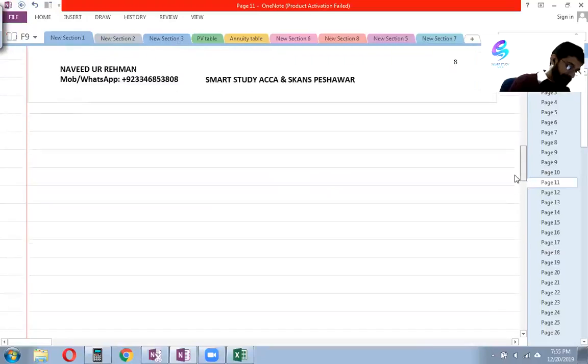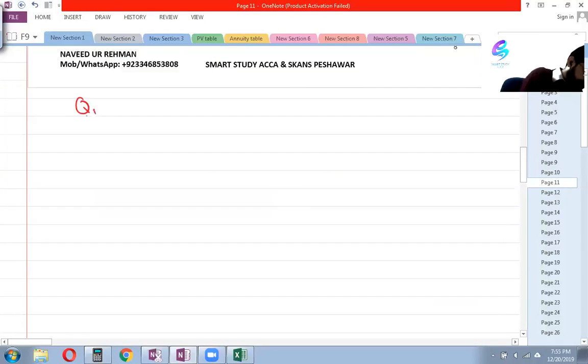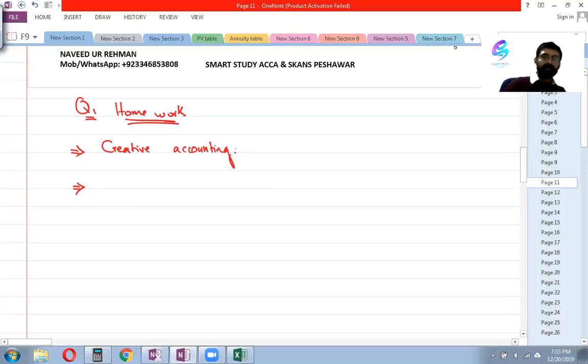For the homework question, I'll give you a couple of points and you have to make up your own answer. The first one is creative accounting, right? We can window dress our profit and loss statement because of the non-cash flow items, and the revenue recognition if you do it in the wrong way, for example.